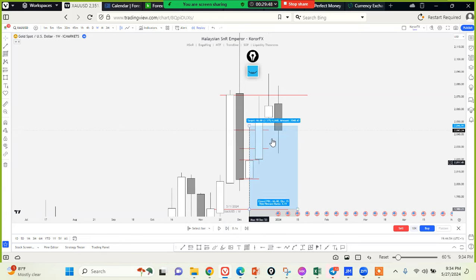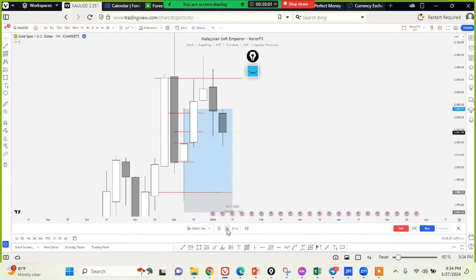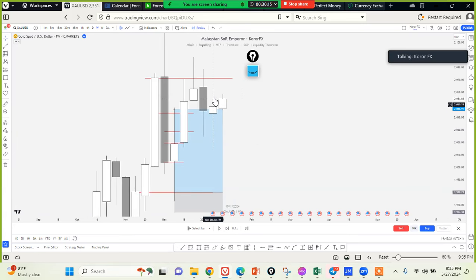Since price has rejected here, for the continuation of the bullish, it depends on a close above this SNR. So let us see what will happen next. Another candle opens. How will it close this week? By rejection of a bullish.